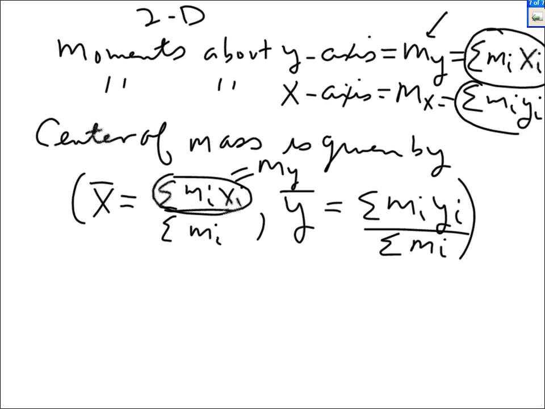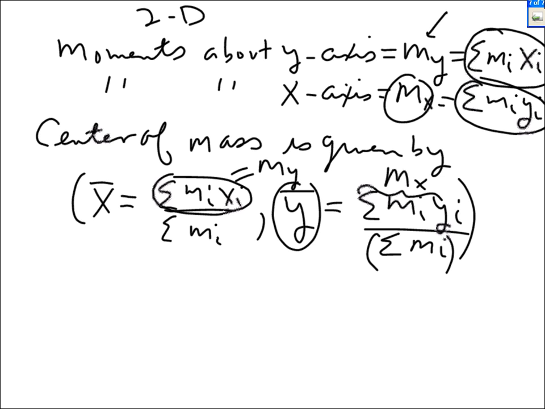Whenever you see the summation of mi yi, you can call it mx. So right here, this is m sub x. And when you divide it by the summation of mi, you get y bar. And x bar, comma y bar, that's the center of mass, the center of gravity.